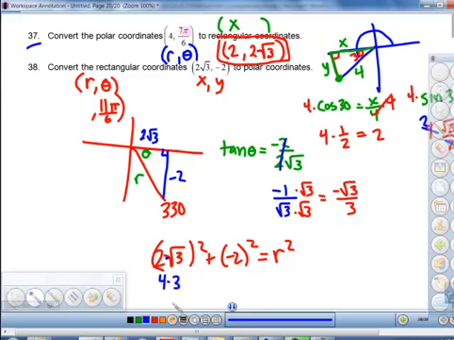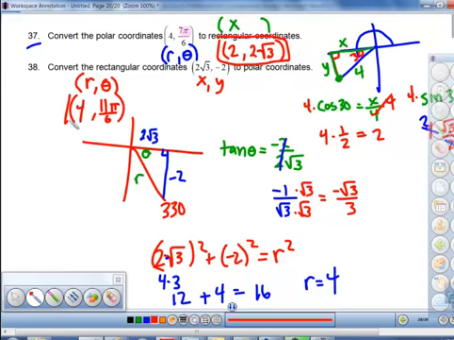So that first term is 12. Then I square the negative 2, that gives me 4, so this is going to be 16. So 16 is r squared, which means r equals 4. Let's put that in. And that is the polar coordinate. So that's the polar, and that's the rectangular.